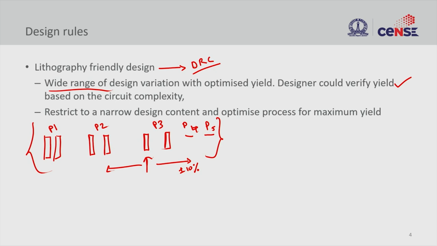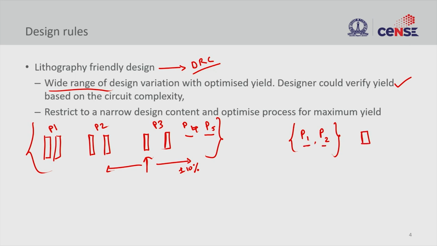And the next way to improve your yield is by restricting the number of designs that is allowed. So instead of 5 designs, I will allow only 2. P1 and P2 are the only 2 designs that are allowed, and this will actually give you maximum yield because there are only 2 structures that I am allowed, right.